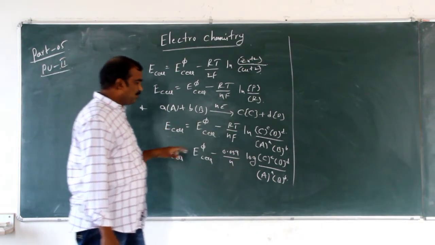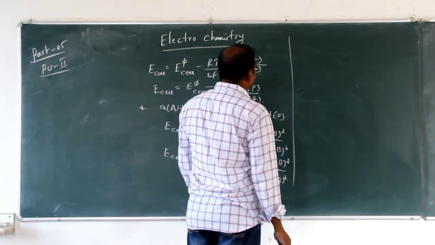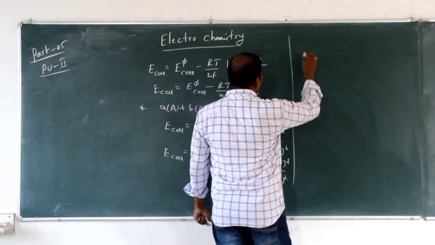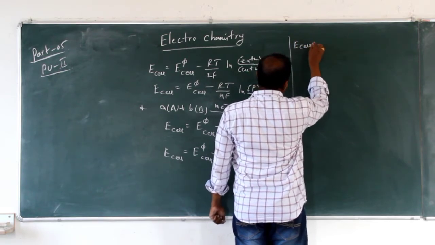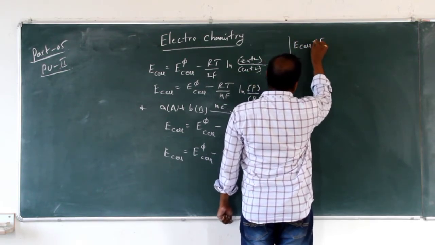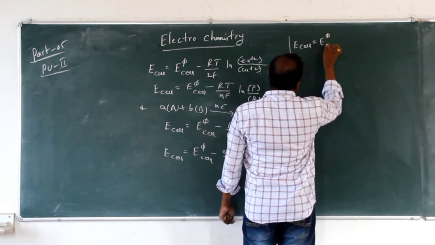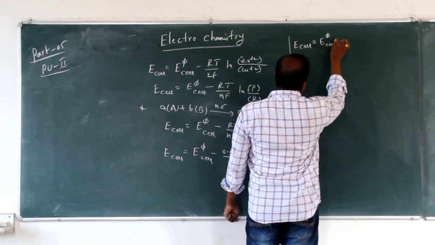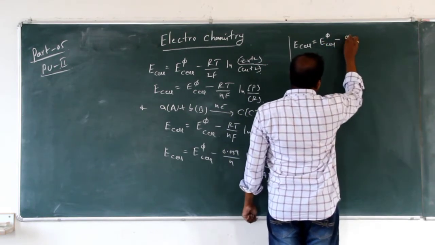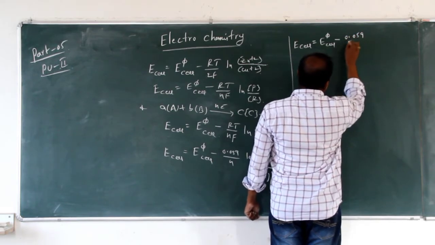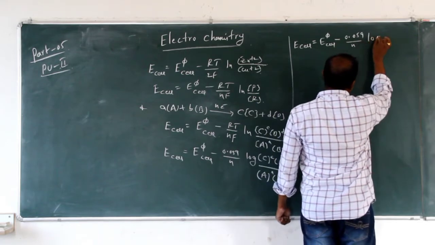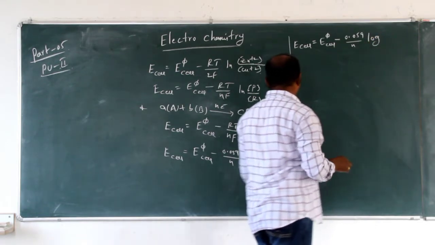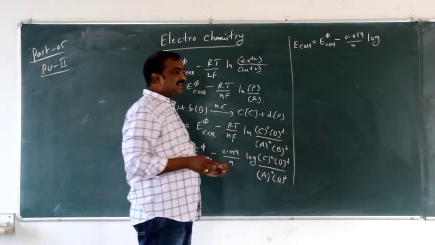Now we are converting this into the reaction coefficient. How can you write it? E cell is equal to E naught cell minus 0.059 by n log Q. What is Q here? Q means reaction coefficient.